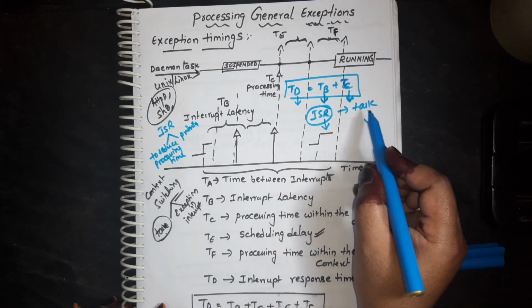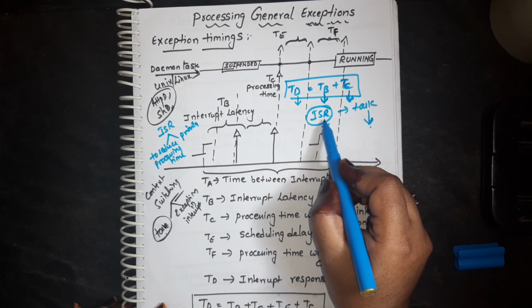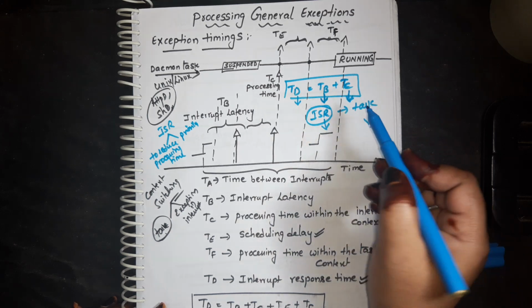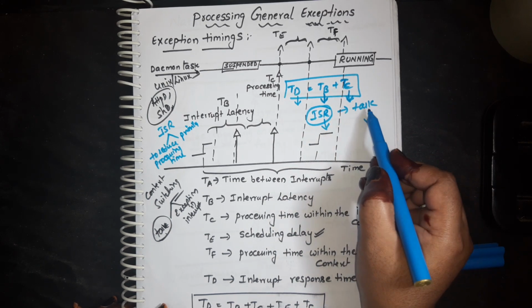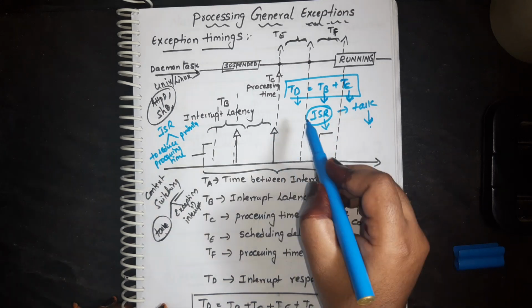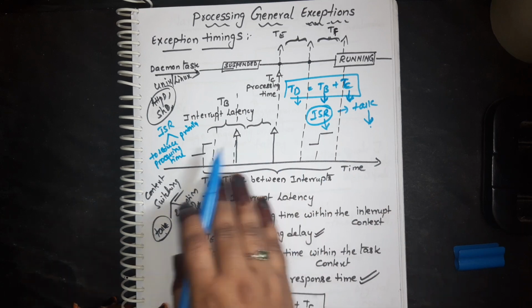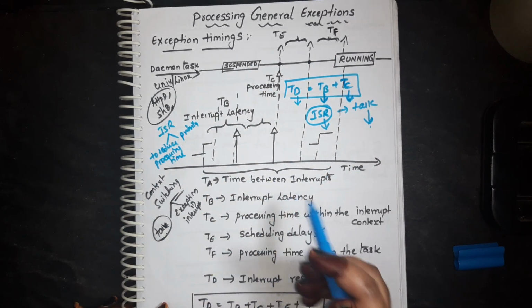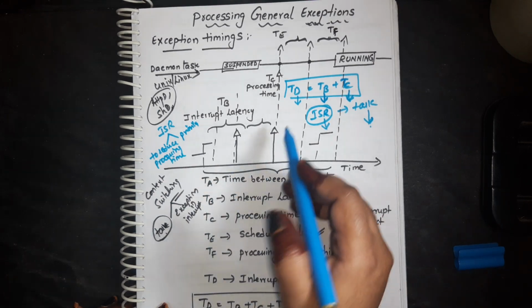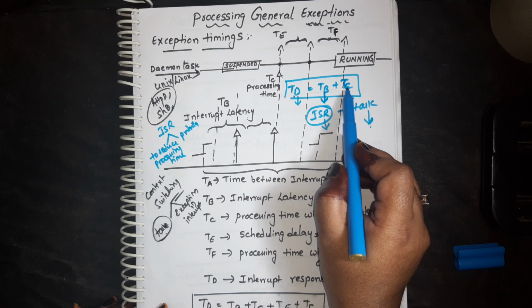When control is executing in the interrupt service routine, if a high priority task is to be executed, the high priority task automatically preempts the interrupt service routine. Here we should define the total context in this diagram. Generally we define the interrupt response time with the scheduling delay and processing time.